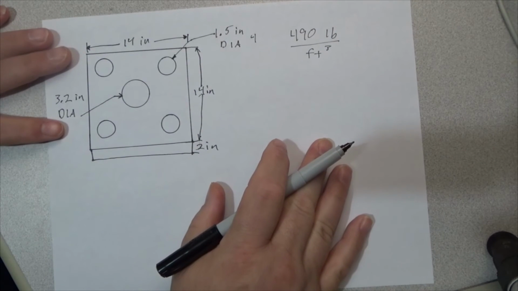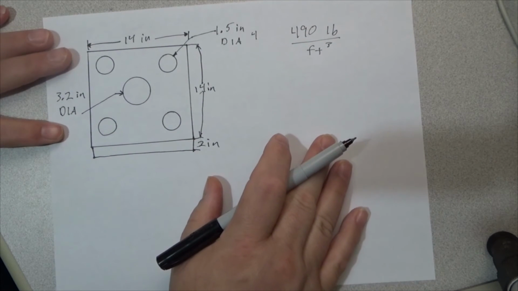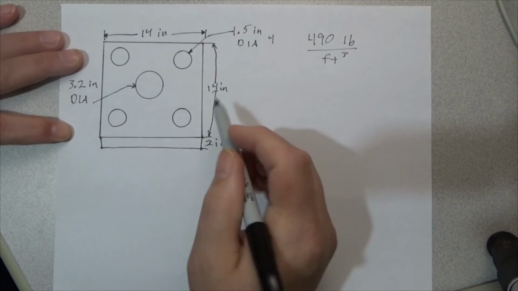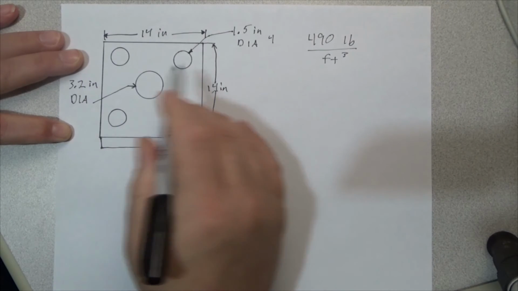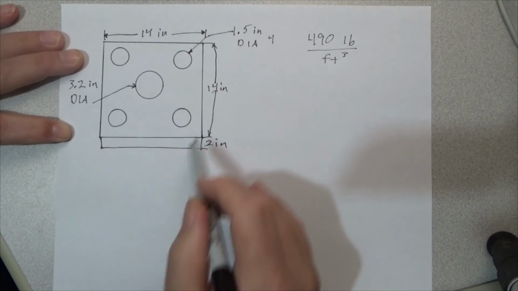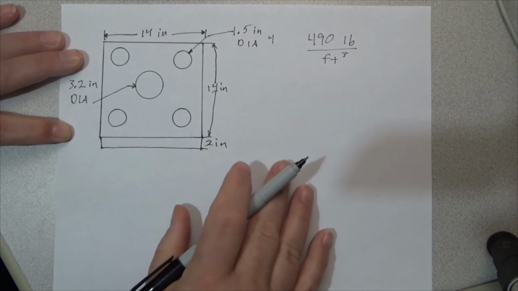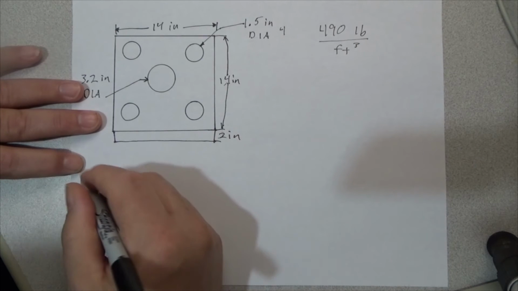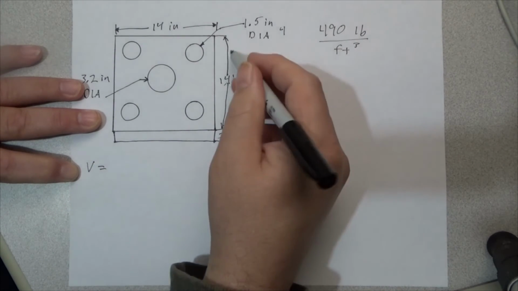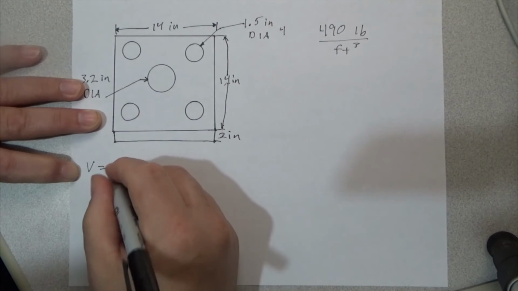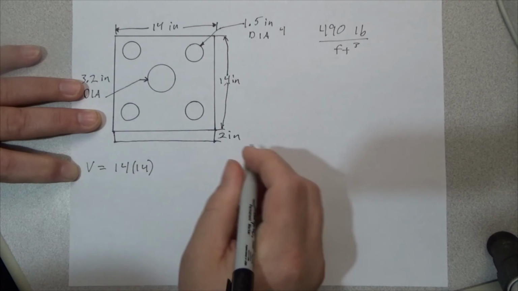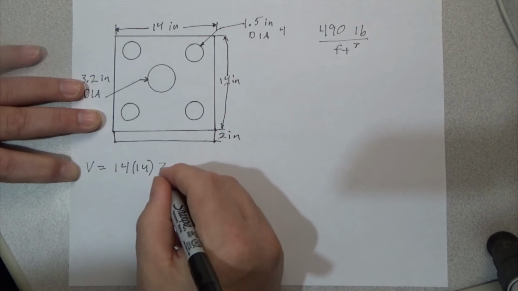So what we need to do is find the volume of this entire figure. First I'm going to find the volume in inches cubed, and then we'll convert that to feet cubed later, of the whole block as if it was completely full. So that volume will equal the width times the length, 14 times 14 or 14 squared, it doesn't matter, and then times 2.